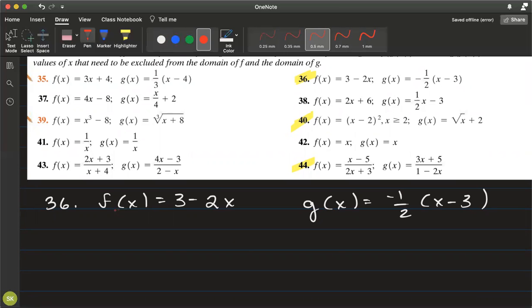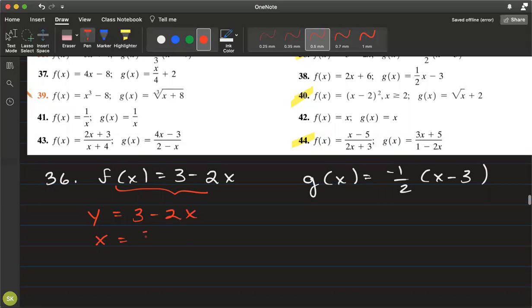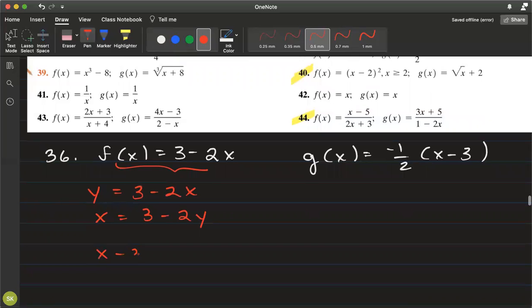So what we do to show that this is actually the inverse function is we take this function, set it equal to y, switch the x and the y, and then solve for y. So this is x minus 3 is equal to negative 2y.